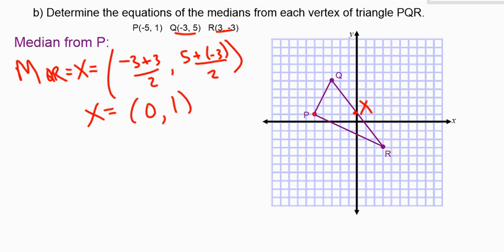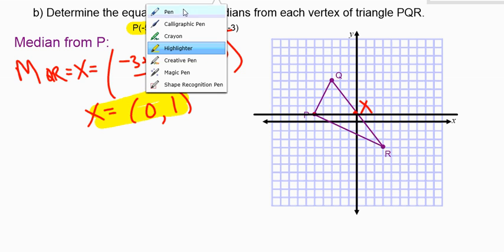So we need to find the equation of the line that goes through P and X. So here's point P. And here's point X. So now all we need to do is use those 2 points and find the equation of the line that goes through P and X. So you may already notice that it's a horizontal line, so this isn't going to take too long, but I'm going to do the math anyway just in case.